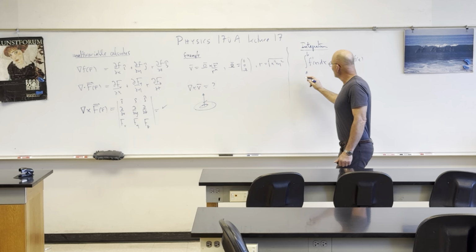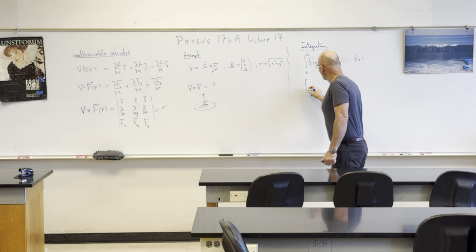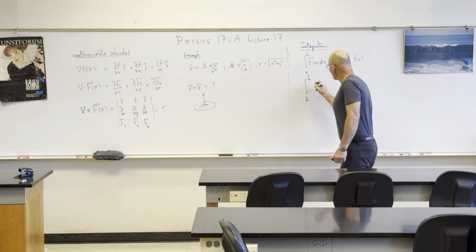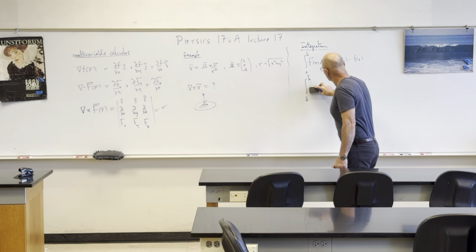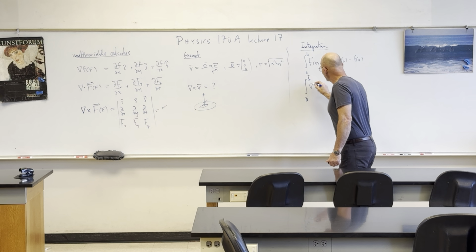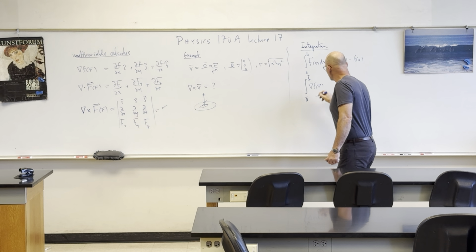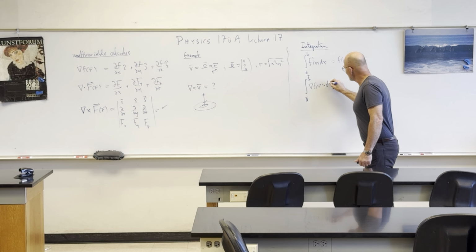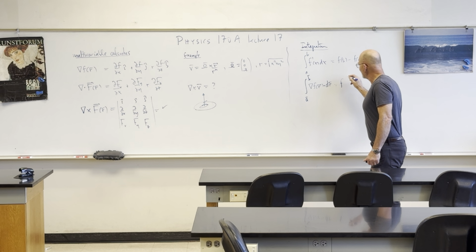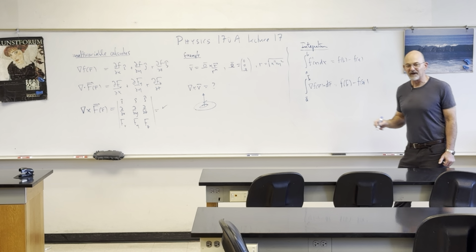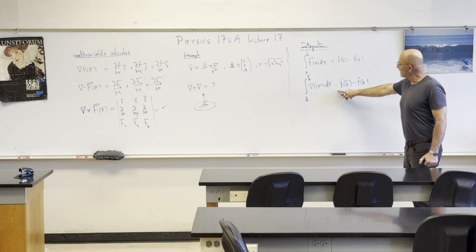But then we saw, and I demonstrated, proved it, that if we have a line integral from one point to another in space, and f is a scalar actually, and we have the gradient of f of r along a curve, dotted into dr, then that is equal to f of b minus f of a, the positions there.